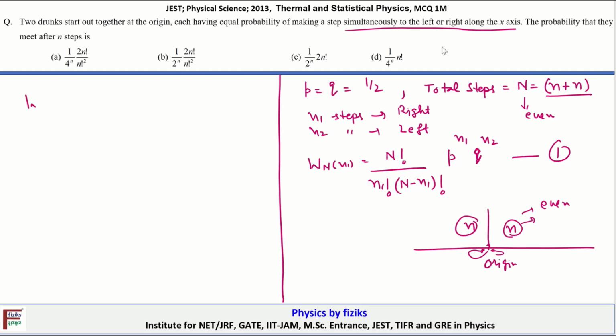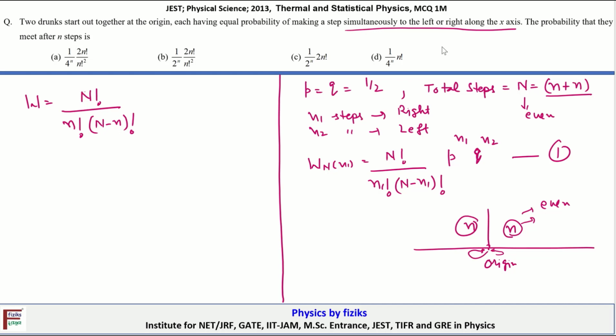So W, that is equal to capital N, which is small n plus n, that's twice n, so that is equal to capital N factorial divided by small n factorial, and then N minus n factorial, and then p power n1.